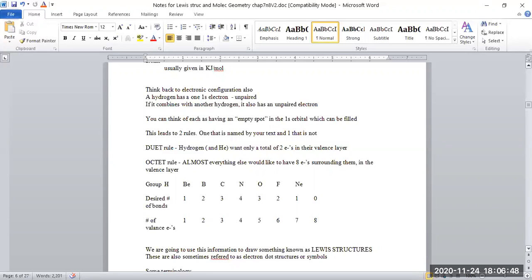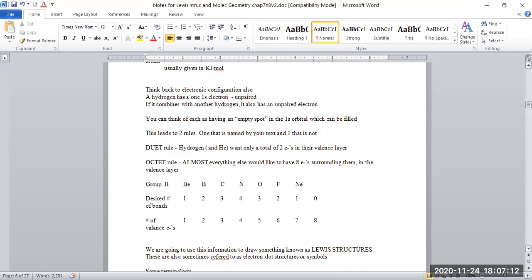It has 2 electrons. It doesn't want any more. It's unlikely to give up the 2 it has. So even though it falls under the purview of the rule, it doesn't really apply in a direct way. Hydrogen does. Now note my almost.